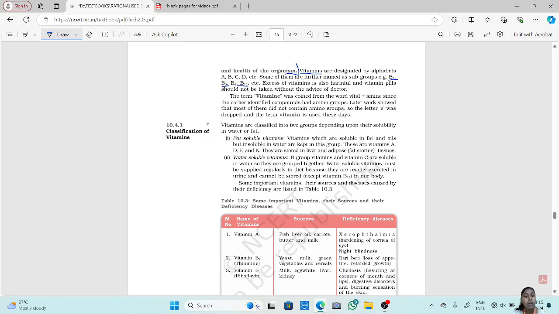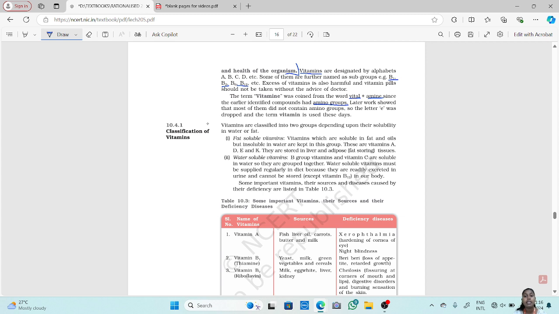The term vitamin was coined from the words vital and amine, since the earlier identified compounds had amino groups. So vitamins are named from vital amine, important amine. This amine came from the fact that some of those identified vitamins had an amino group in them.